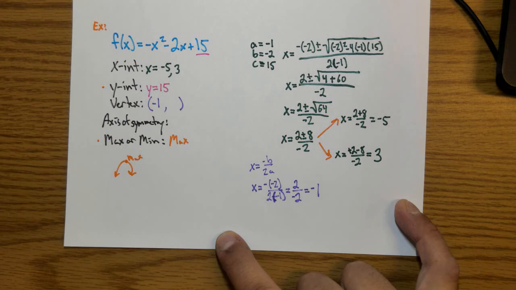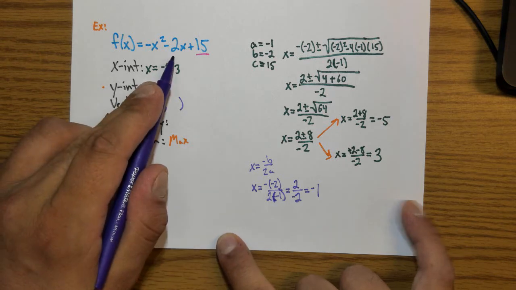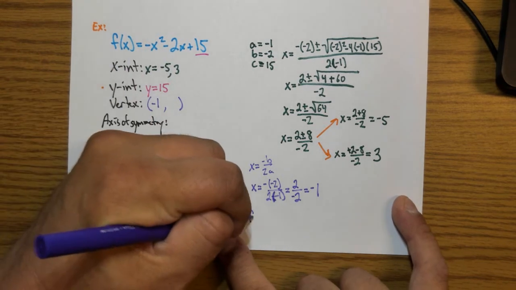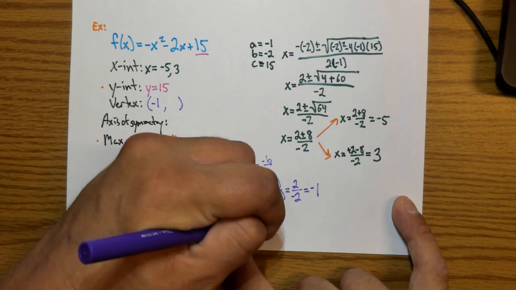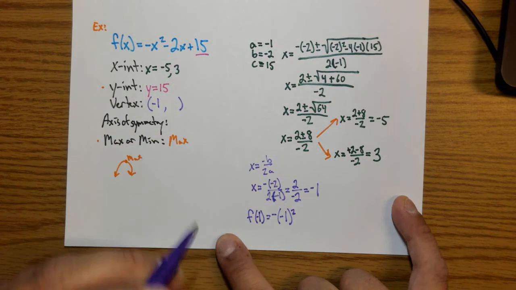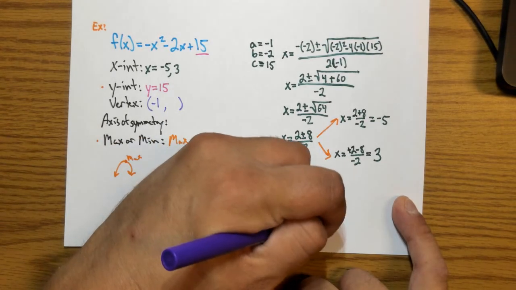Now to find the y value, we take this function, or take what we get and plug it right back in, right? So f of -1 is equal to -1 squared minus 2 times -1 plus 15.